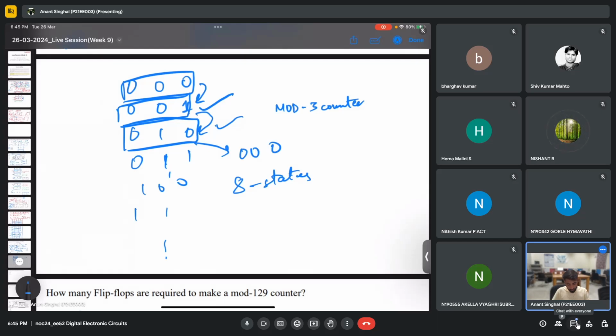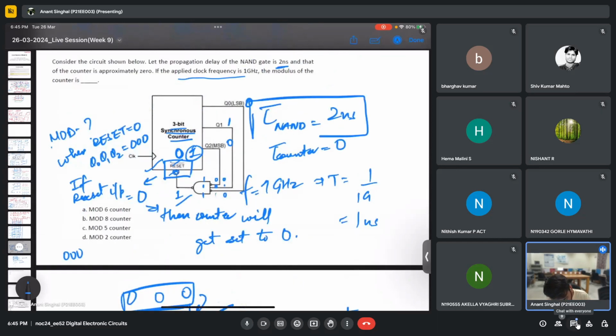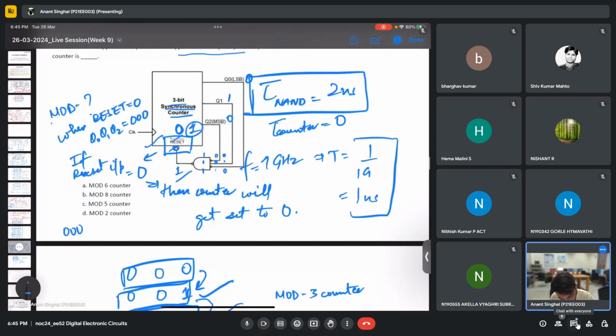No, sir. So if not, the twist in this question is that this particular NAND gate has a propagation delay of 2 nanoseconds, whereas the clock period is 1 nanosecond. So there will be two extra states that will get counted because of this time period, because this NAND gate will take 2 nanoseconds to deliver the final output.